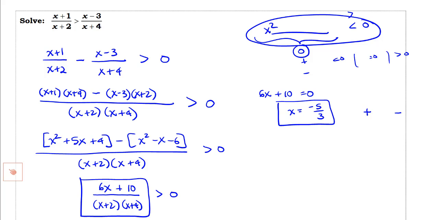It's undefined. When is a fraction undefined? 0 in the denominator. So, I'd say if x equals negative 2 and negative 4, the fraction's undefined.